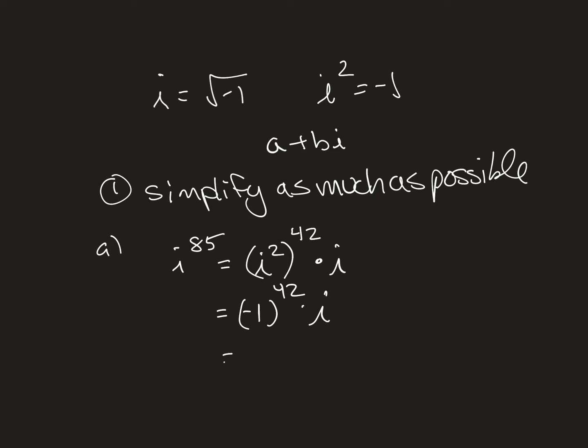So this is just going to equal 1 times i, or i. Now, if I had had negative 1 to an odd power, then it would be negative 1 and I'd have negative i. You'll find more of these types of problems, just simplifying i to higher powers, in section 1.3, I think.